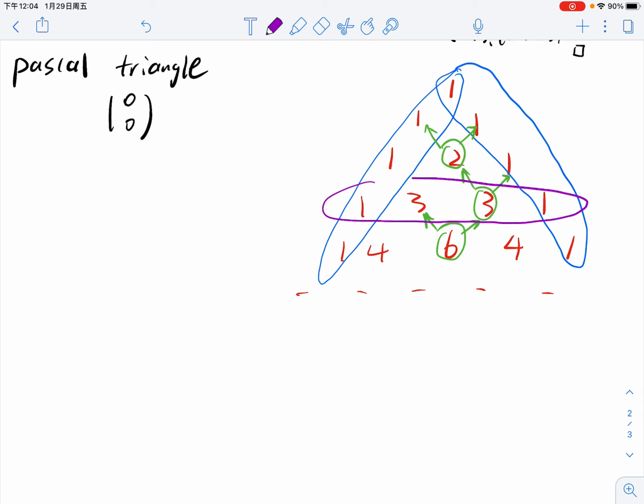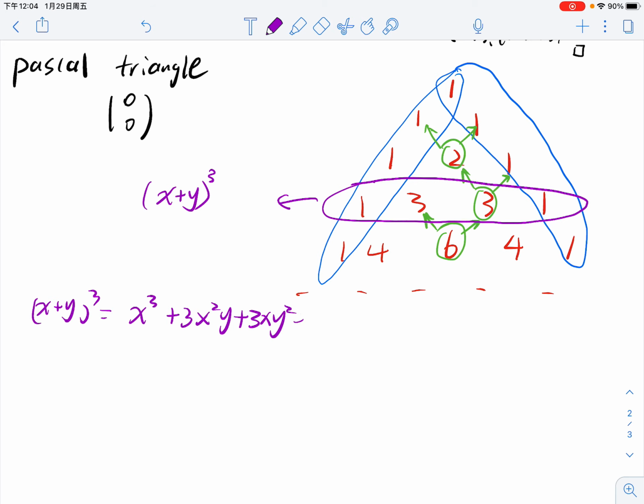Each horizontal line is the coefficient of the corresponding distribution of some power of a linear function. So for example, (x plus y) cubed is x cubed plus 3x squared y plus 3xy squared plus y cubed.